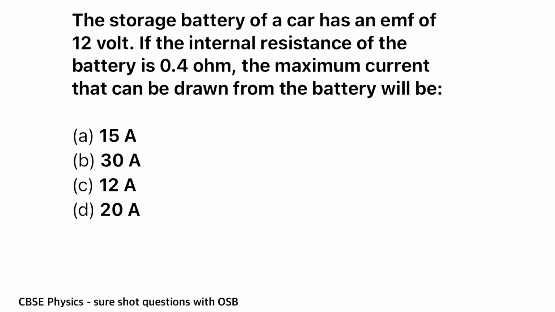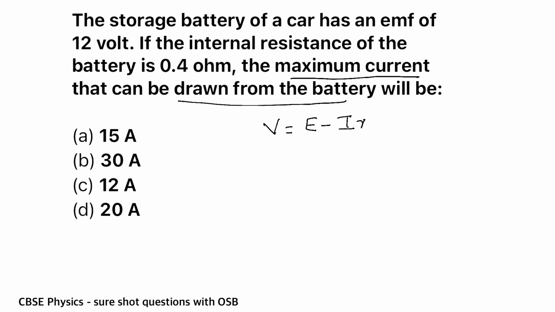The storage battery of a car has an EMF of 12 volt. If the internal resistance of the battery is 0.4 ohm, the maximum current that can be drawn from the battery will be? Here current is drawn from the battery, so the equation for V is V equal to E minus Ir.